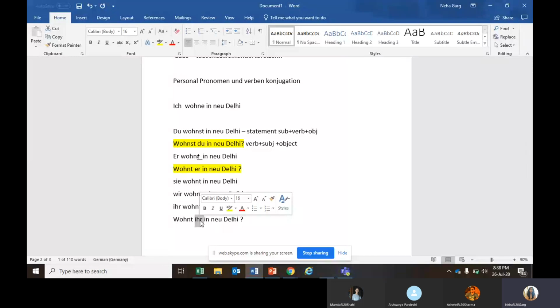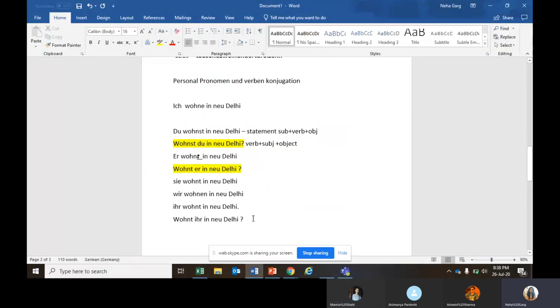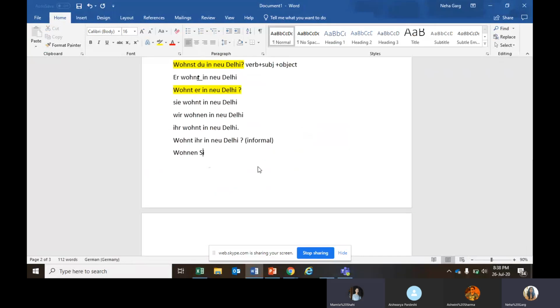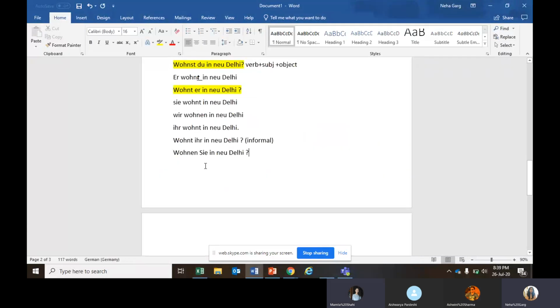We would use here wohnt ihr. That is the second person in an informal way, like we have learned in this table. Second person, informal way, and then t conjugation. Wohnt ihr in Neu Delhi? This is informal. If I had to write it in a formal way, I would write, Wohnen Sie in Neu Delhi? Like here, you all, Sie with capital S, and then the infinitive form of the verb. Wohnen Sie in Neu Delhi?